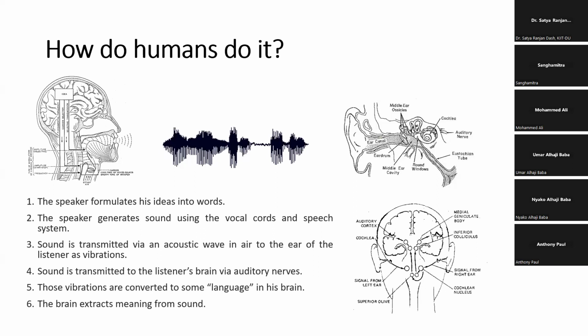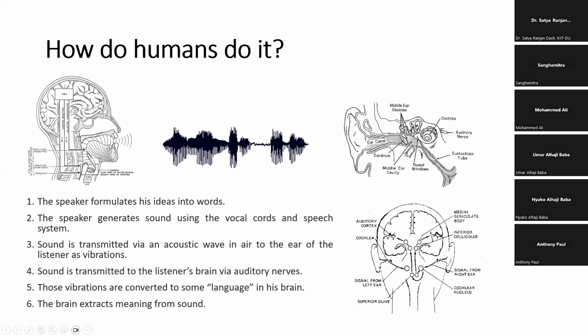So the speaker formulates the communication process, if you say. The speaker will formulate the idea in his mind, and then he will formulate it into words. When he has formulated it into words, he will take into account the constraints of the language. He will say, okay, I'm going to speak in this particular language, so he will use the grammatical rules of that language. And then using the different articulators, like the vocal cords, the tongue, etc., he will produce the required sounds.